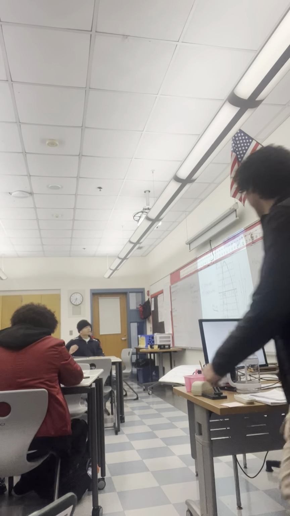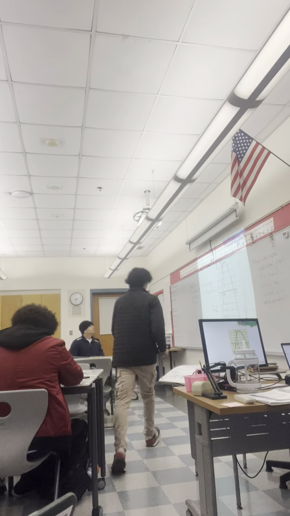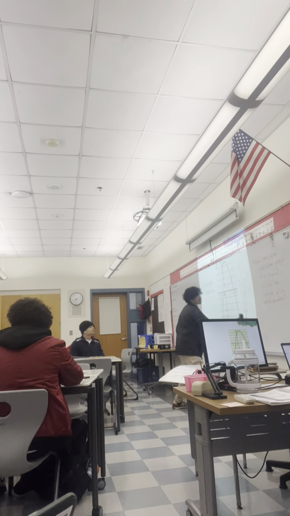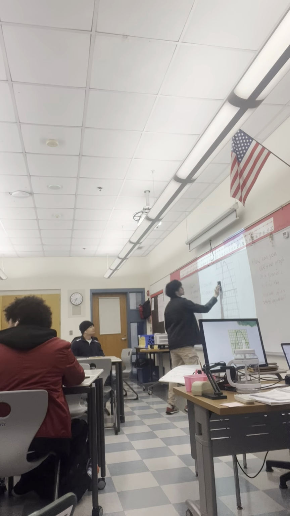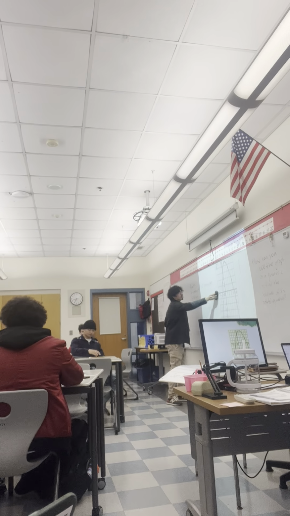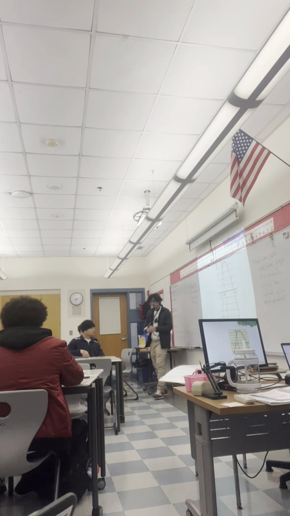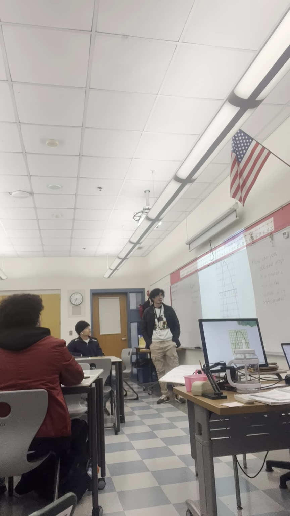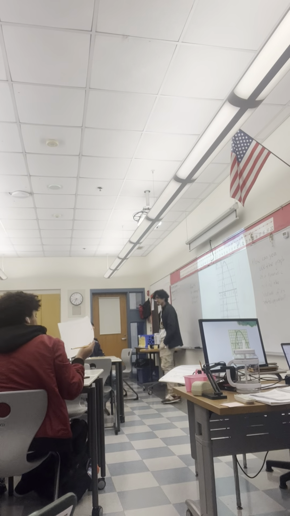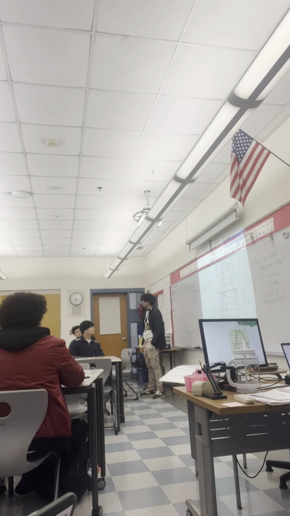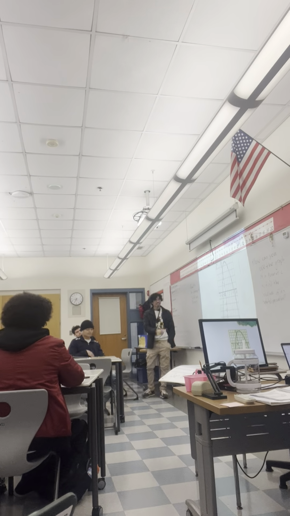Okay, what about this graph here? What are the solutions to this graph? What are the solutions here? Let's take a moment to look at this graph. What are the solutions to this graph here?